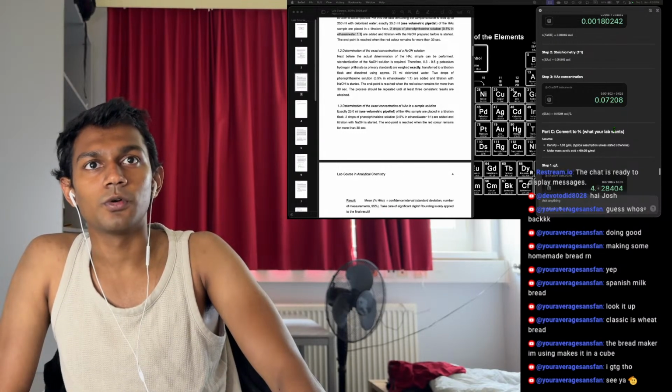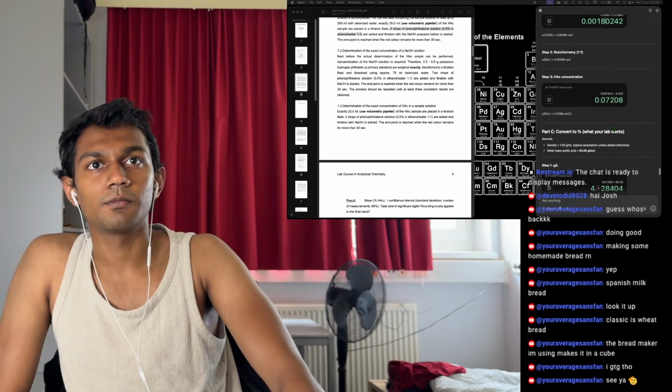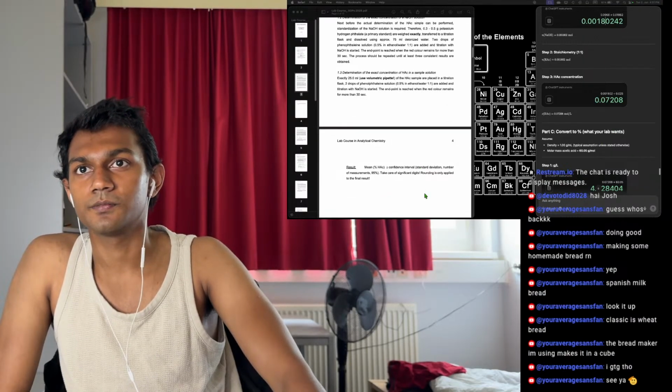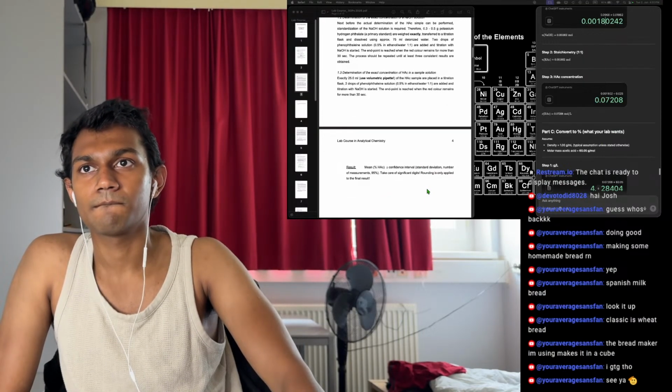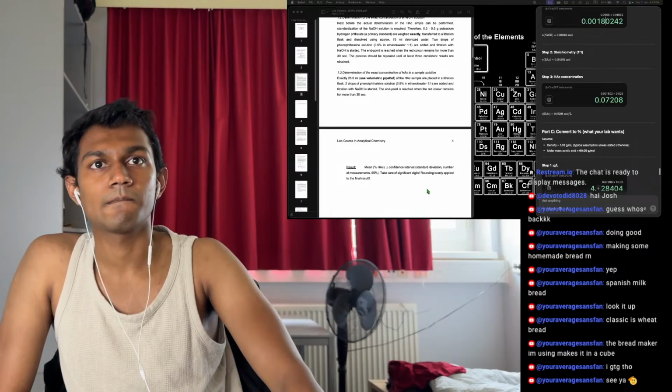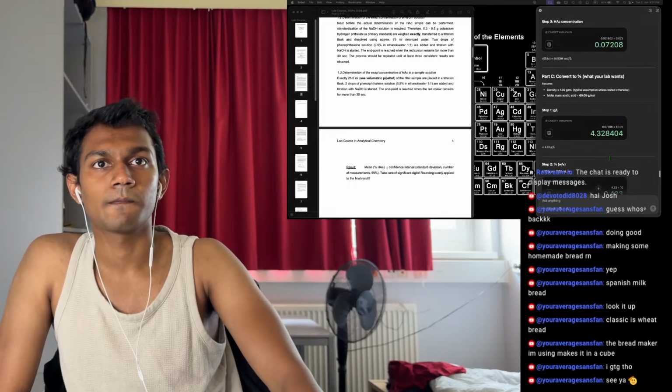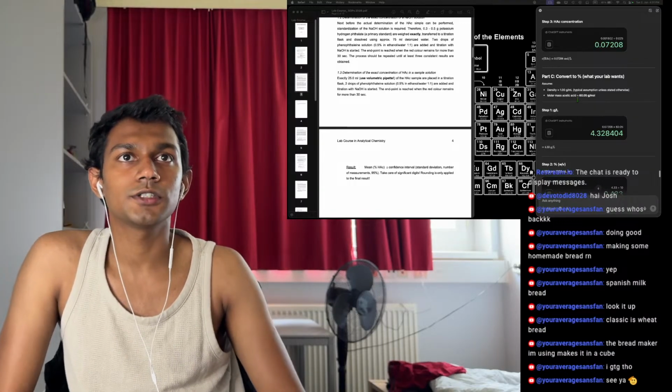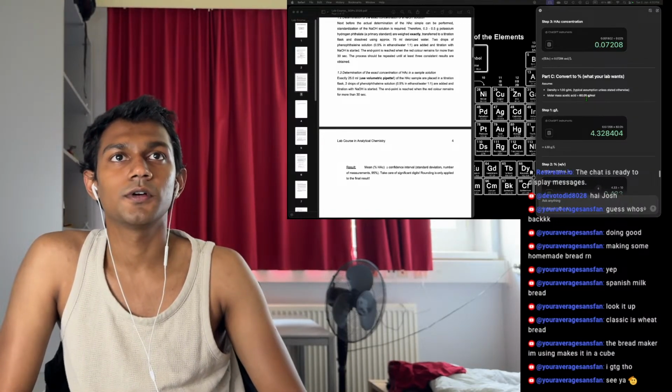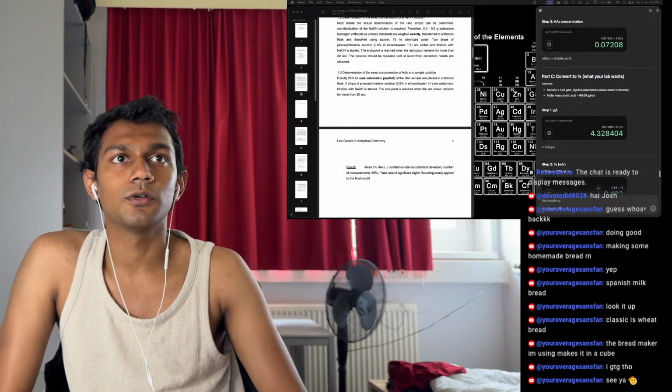Convert to what your lab wants. Density 1 gram per milliliter, typical assumption unless stated otherwise. Molar mass of acetic acid is 60.05 grams per mole. So you convert from concentration.